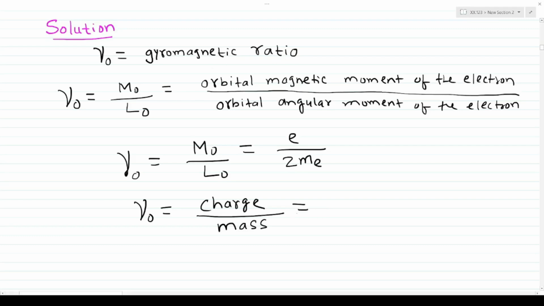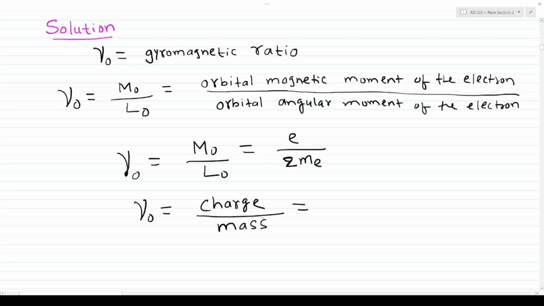Gyromagnetic ratio is given by mu naught upon L naught, where mu naught is the orbital magnetic moment of the electron and L naught equals the orbital angular momentum of the electron. Therefore, gamma naught equals mu naught upon L naught, that is equal to e upon twice m e. Therefore, gamma naught is proportional to charge upon mass. To find the dimensional formula, we don't need the constant.